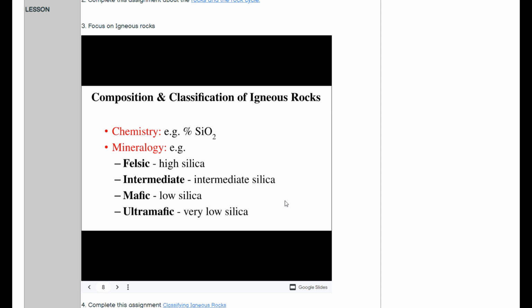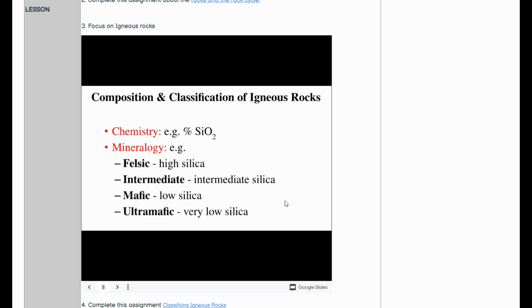Classifying igneous rocks. We can look at their chemical makeup and their mineral composition. So chemistry-wise, they are silicon and oxygen. Mineral-wise, we are going to consider them either felsic, which has a high silica content, all the way down to ultramafic, which is a very low silica content.